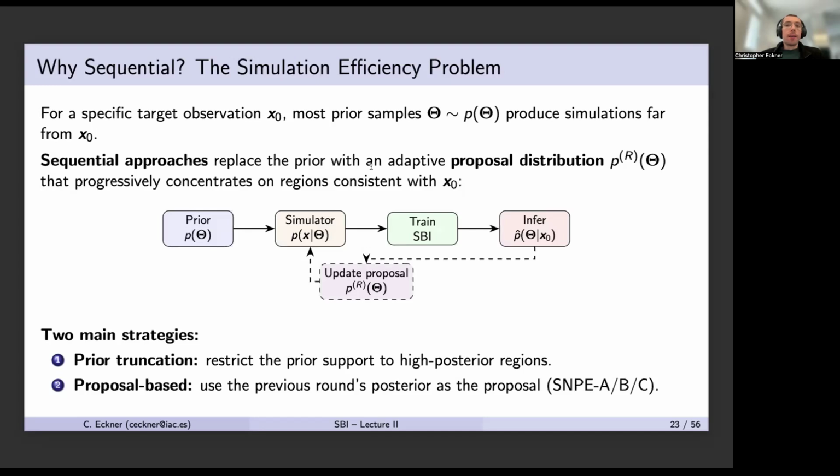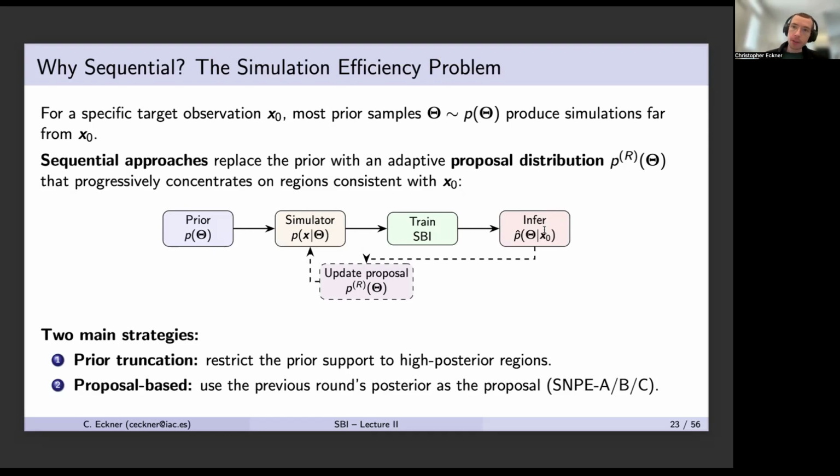Why would you do this, or what would be the general approach? If you have one specific target observation, you can, of course, draw from a prior, start with your general prior as you would do in simulation-based inference, do the whole chain, and get a posterior in the first run. This is just the same as we did before.